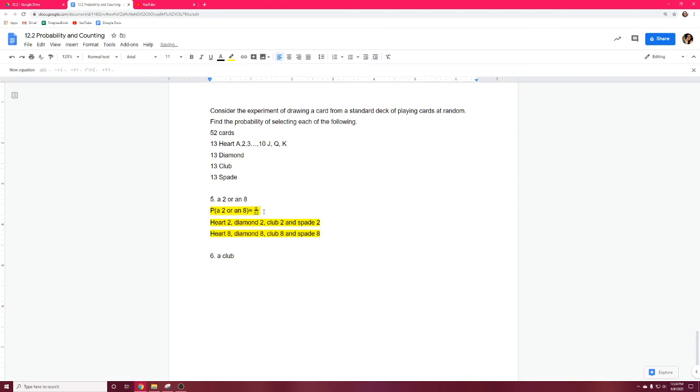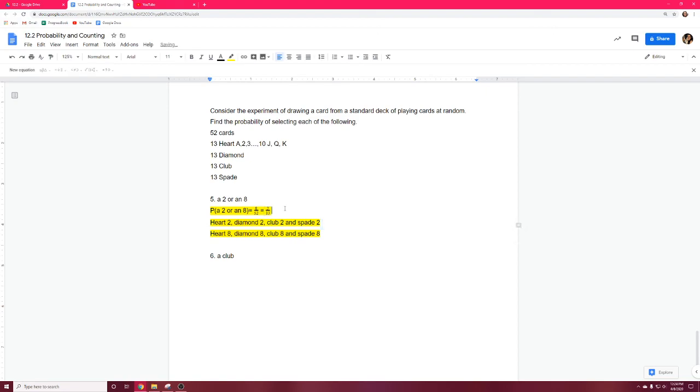Okay, let's simplify it. So when you simplify it, basically you are dividing a number on the top and bottom. Let's see if we can divide by 8. Nope, you cannot divide by 8. So let's try if we can divide it by 4. Okay, most certainly you can divide it by 4. So let's divide it by 4 and see what is on the top. 8 divided by 4 is 2, and on the bottom divided by 4, it will be 13.